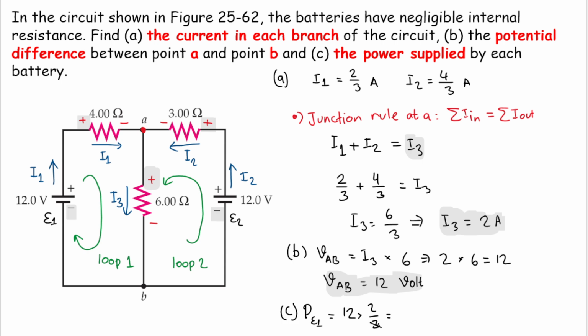And so this cancels into 4. So we'll have 8 watt here. And then the power by this battery, E2, will equal 12 multiplied by 4 over 3. And this will cancel into 4. So we will have 16 watt. And I think that is the answer for question C. So it is 8 watt and 16 watt.